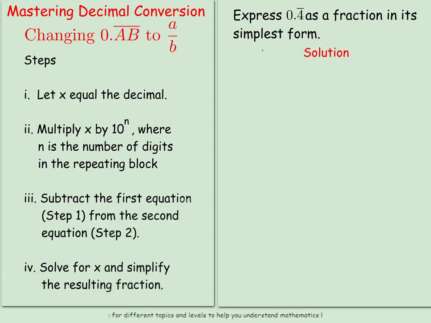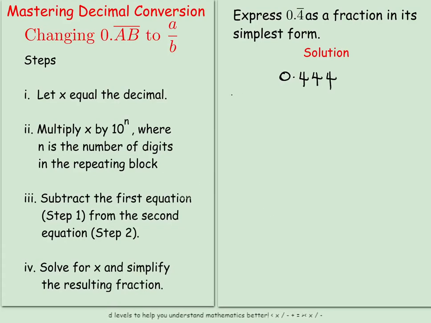Our solution. For what we have over here, our decimal fraction is actually 0.4444. You see, it's continuous. That is what we mean by this bar over here. Okay, so what step 1 is saying is that this decimal we have over here, let's let it be x.